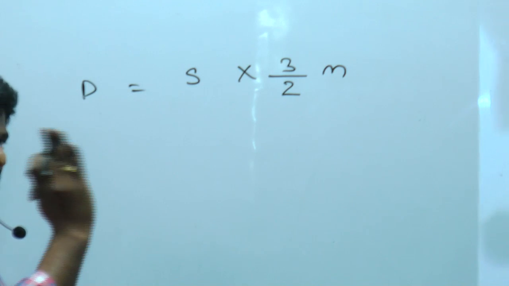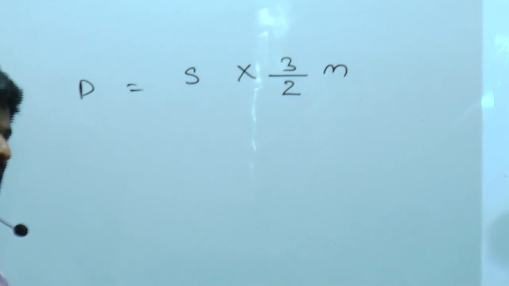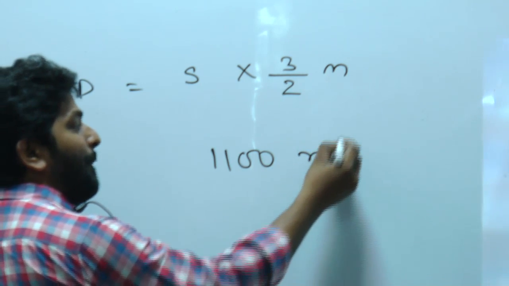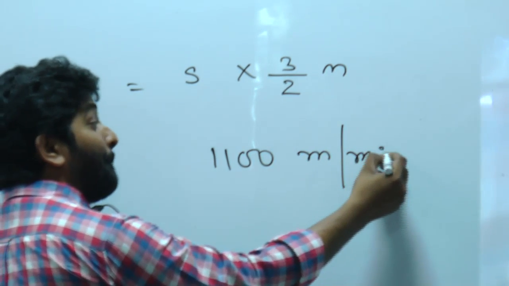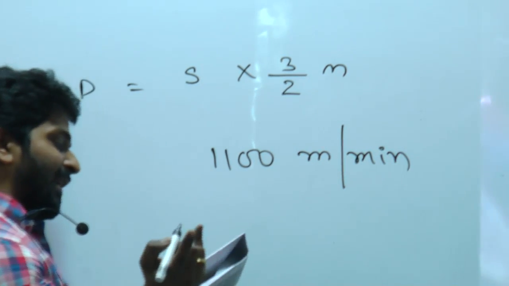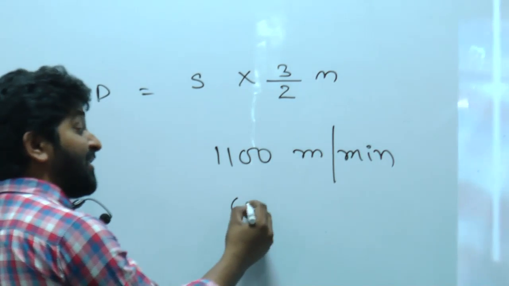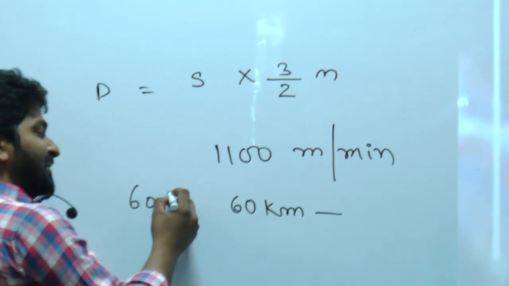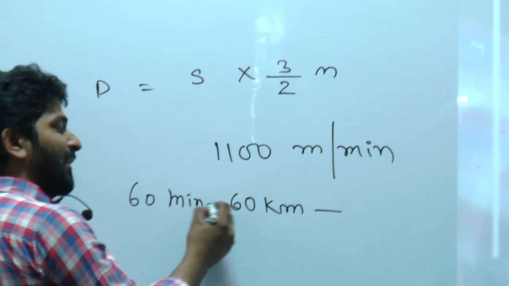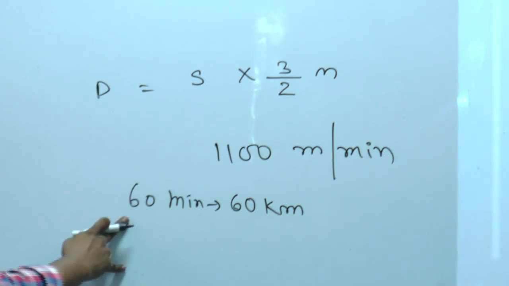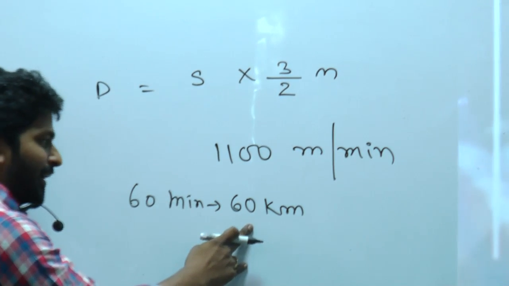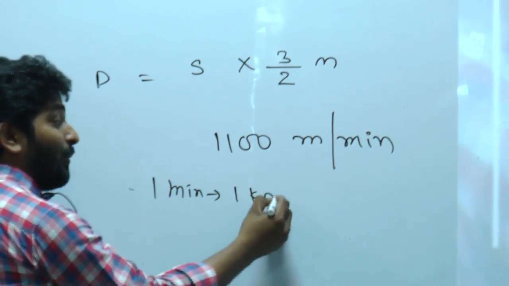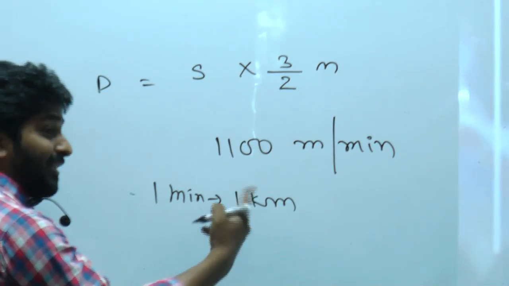Relative speed when they are moving in the same direction becomes S1 minus S2. One speed is given as 1100 meters per minute, but the other speed is given as 60 kilometers per hour, in the sense per 60 minutes, correct? In 60 minutes, it can travel 60 kilometers. In 1 minute, it will cover 1 kilometer, which means 1000 meters.